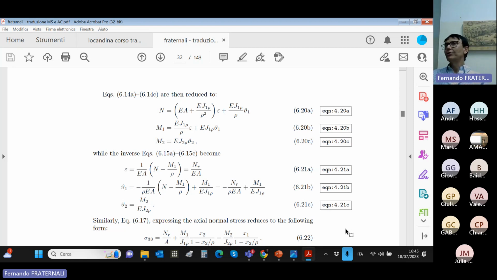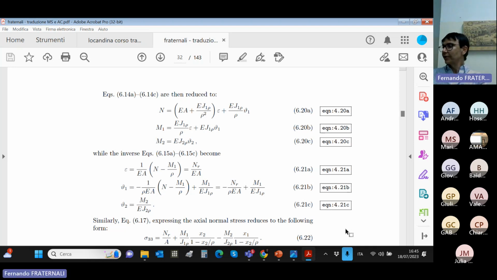Because the curved beam theory can be useful for many purposes, not only for studying, for example, arches that form roofs of a building or of civil engineering constructions.